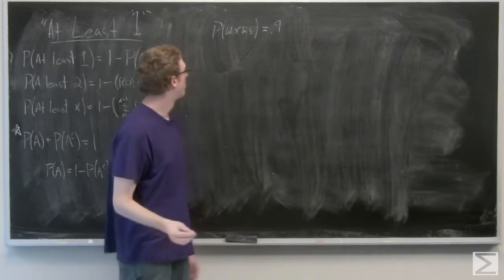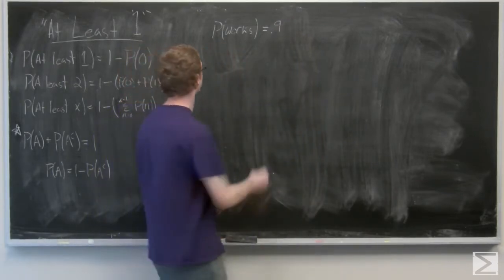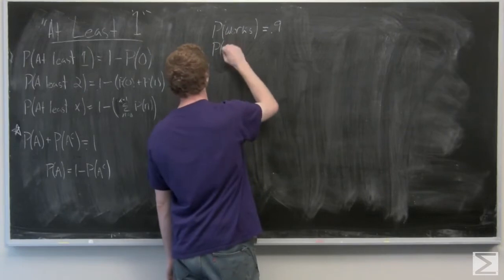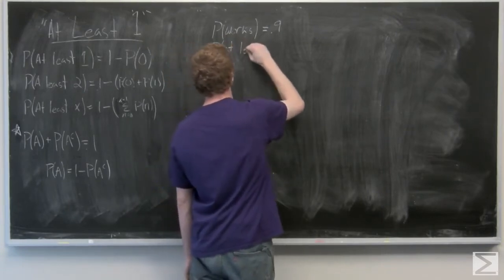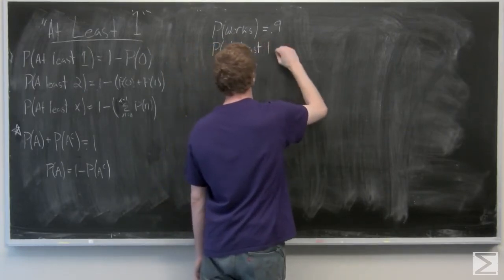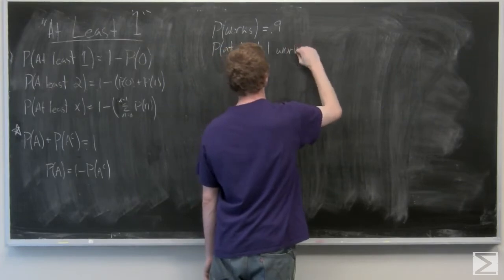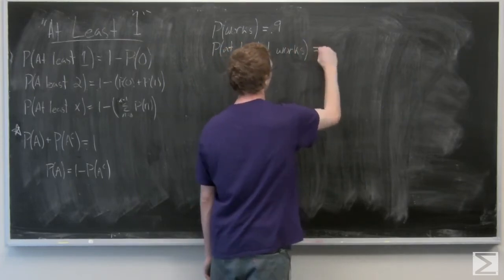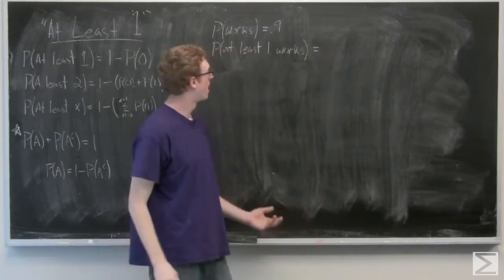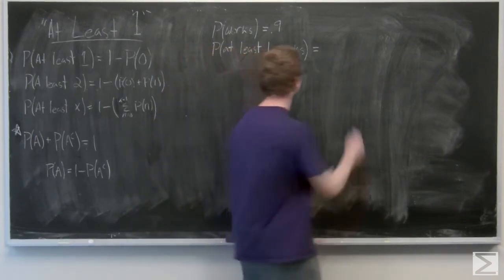And we want the probability that at least one of them works. So that's going to be 1 minus the probability that none of them work.